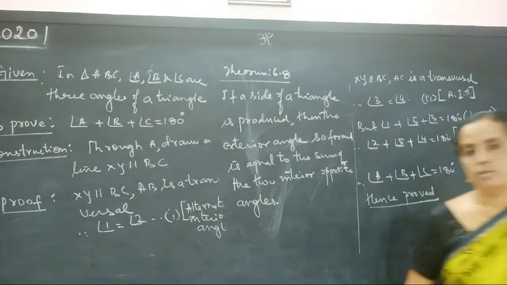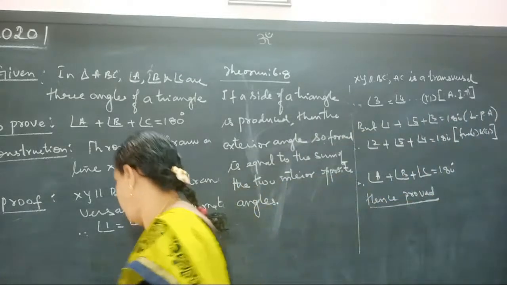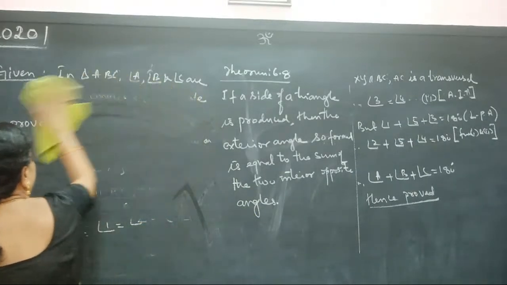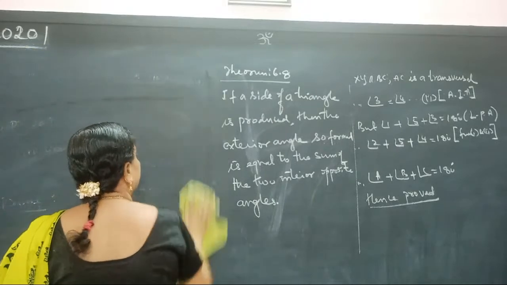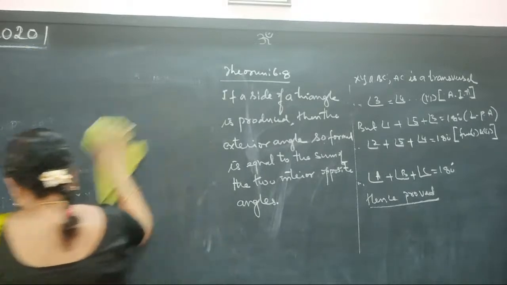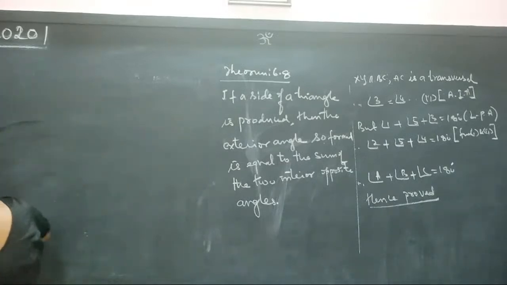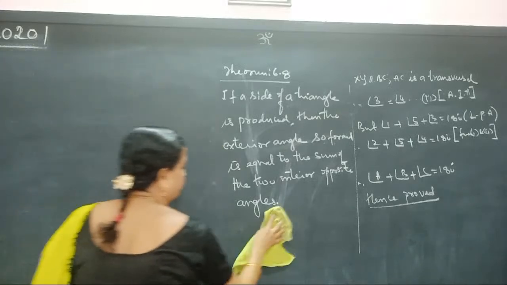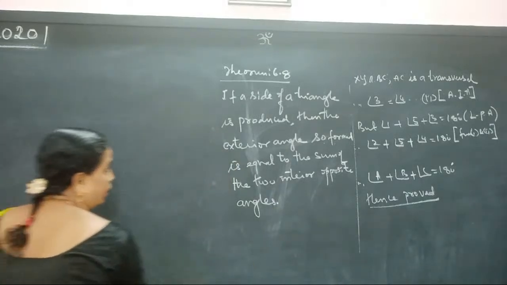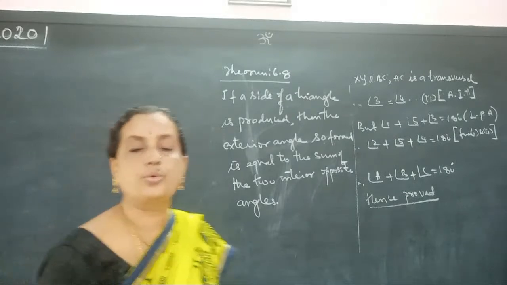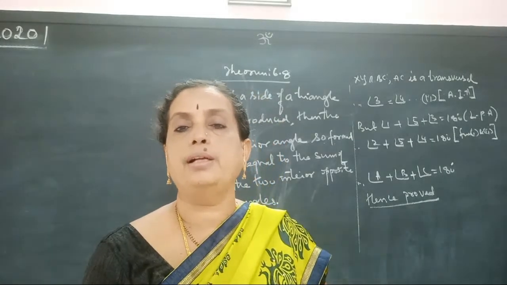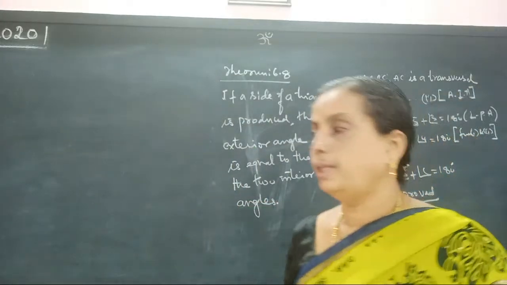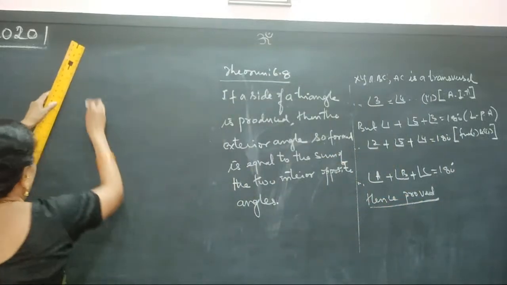Statement. So below the statement, take the figure. If a side of a triangle is produced, then the exterior angle so formed is equal to the sum of the interior opposite angles.